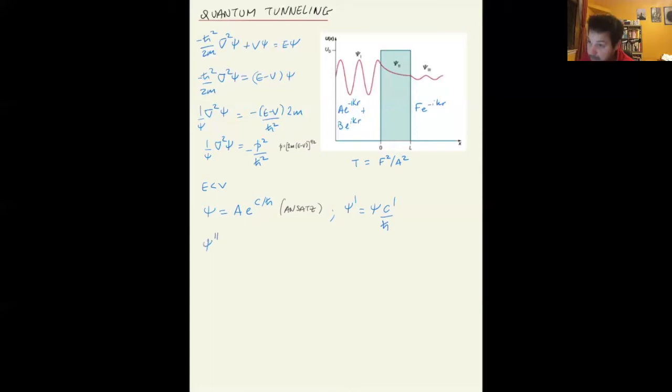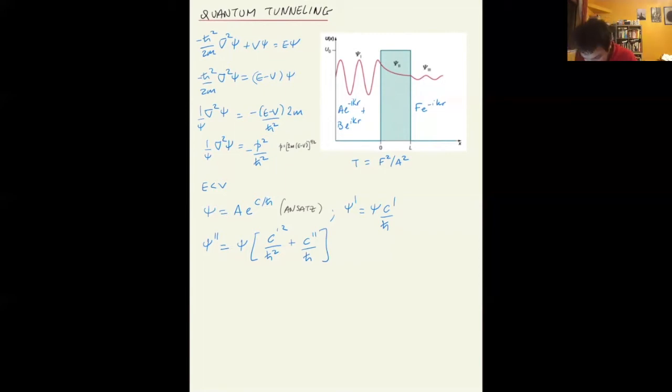And then the second derivative of the wave function is the derivative of the first derivative. It's going to give you psi times c prime squared over h bar squared plus the second derivative of c over h bar. Now, because h bar is a small number, the first term in the expansion is of leading order, right?